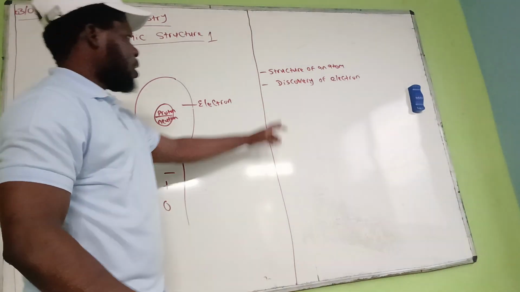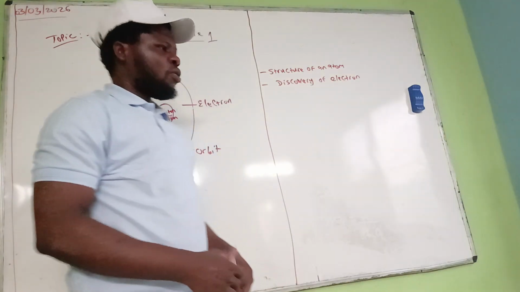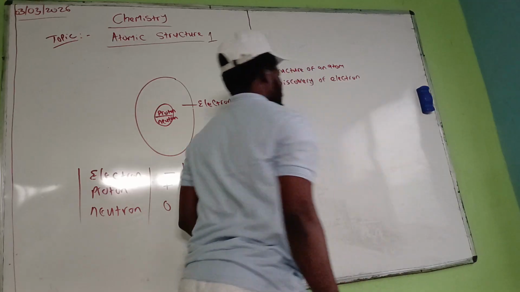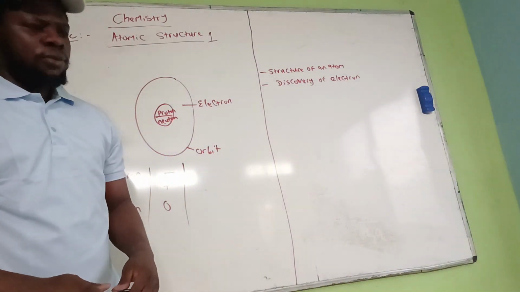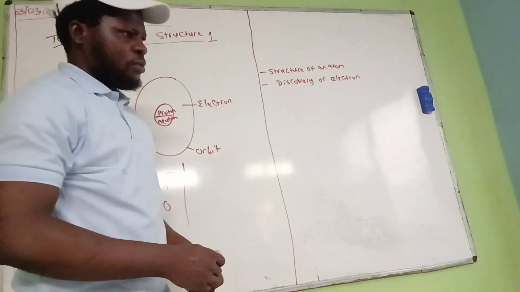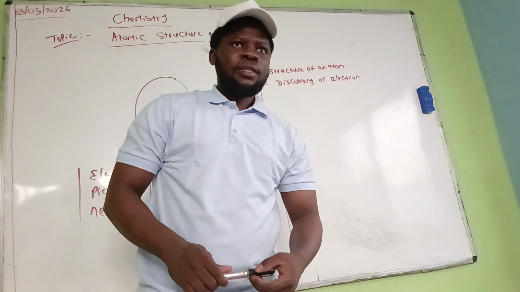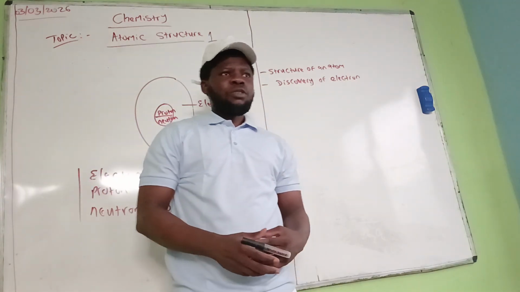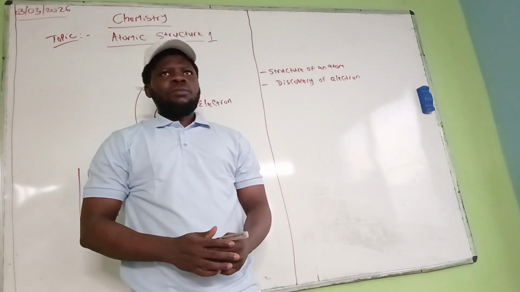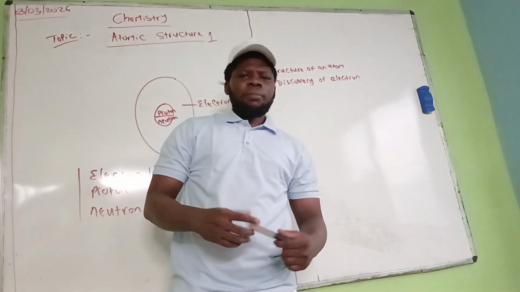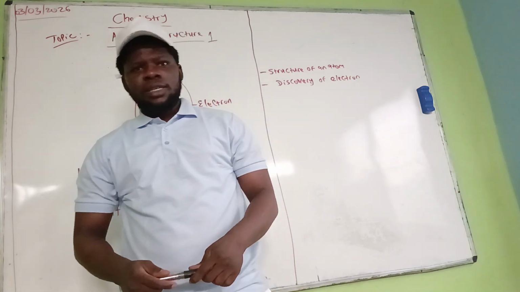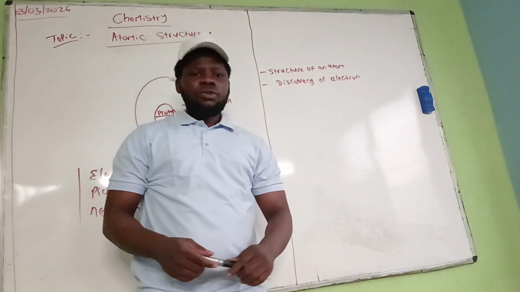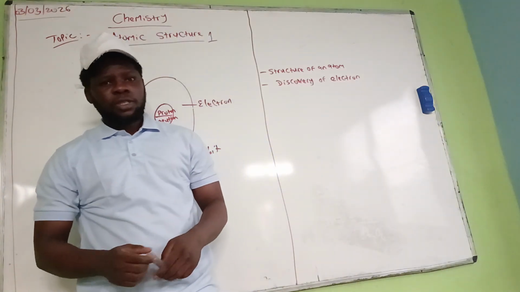Now, let's talk about the discovery of the electron. In the discovery of the electron, we have many scientists that contributed, but the most appropriate one, and the one that was granted, was the one conducted by J.J. Thomson.